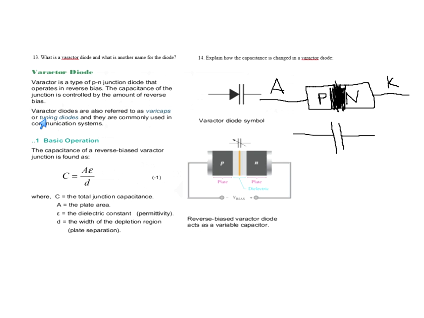Here's how it typically would be wired. Let me draw you a little diagram here, see if it makes any sense to you. I hate to spend too much time on it because there are only a couple of questions. So here's my varactor diode, and over here is the output capacitance.